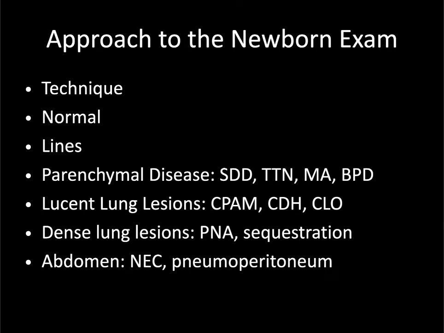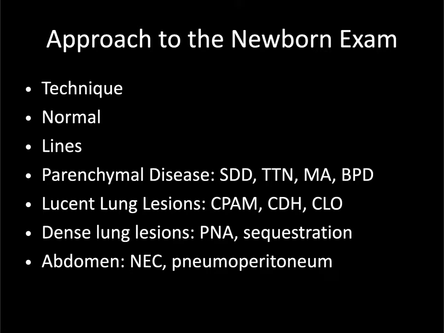So this is the outline of today's lecture: approach to the newborn exam. We'll be talking about technique, what is expected for a normal newborn radiograph. We'll talk about the lines, and then we'll go into parenchymal lung disease, specifically surfactant deficiency, transient tachypnea of the newborn, meconium aspiration, and bronchopulmonary dysplasia.